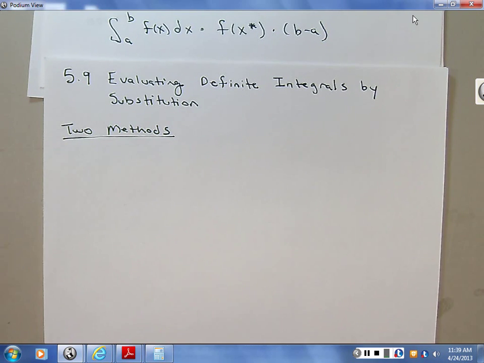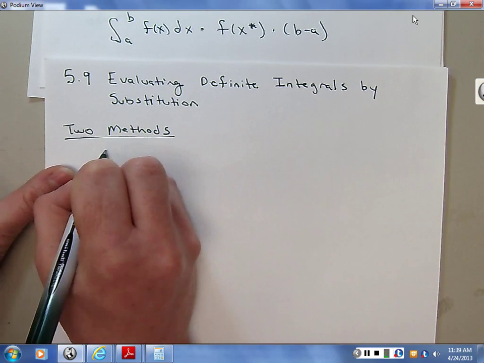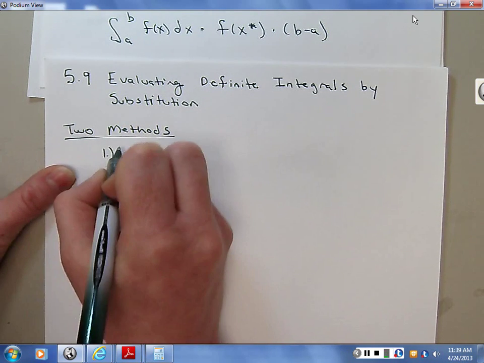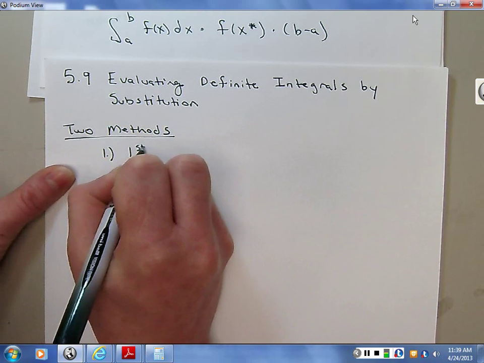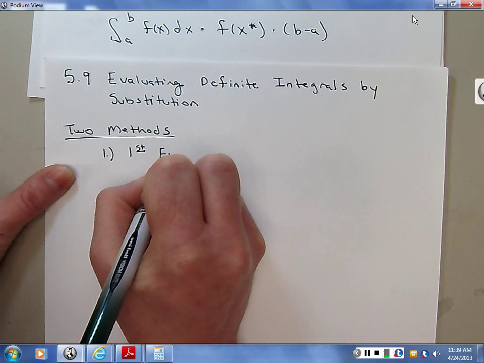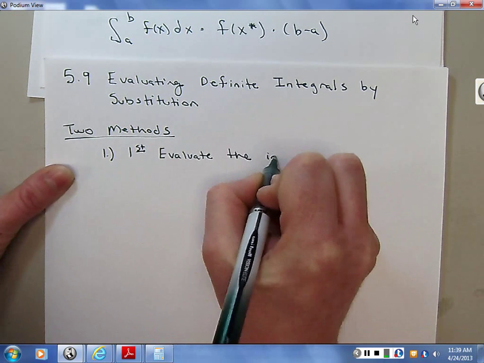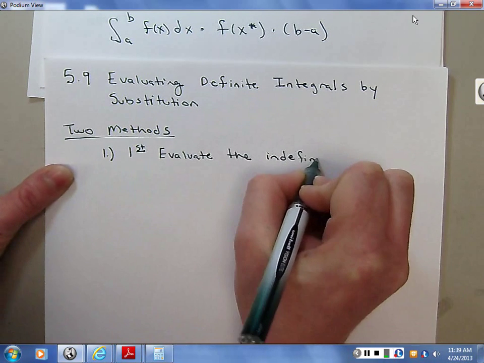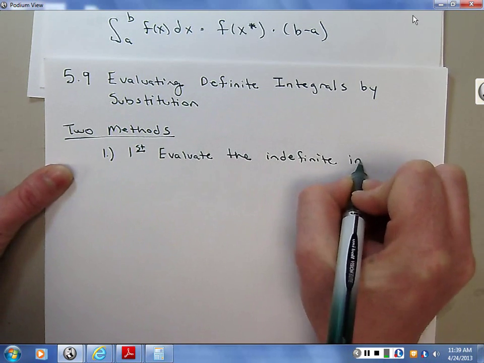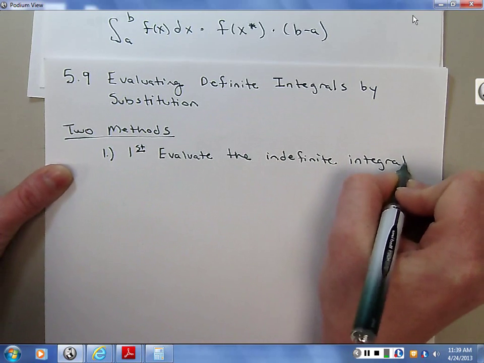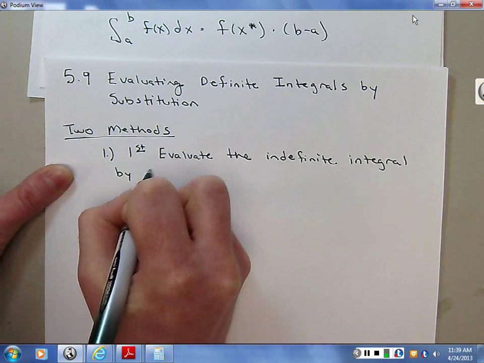But when you're evaluating a definite integral, when you need to use this u substitution, method 1 is going to be first evaluate the indefinite integral, which we've been doing, by substitution.